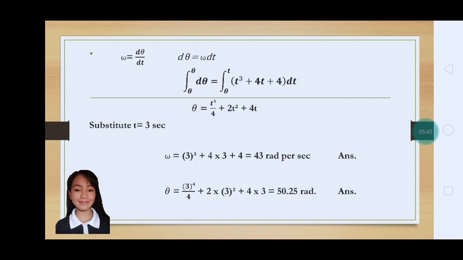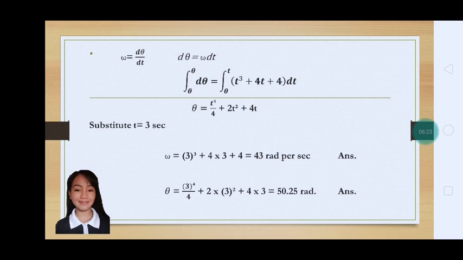And we need to rewrite this into d theta is equal to omega dt to get the theta and solve for the exact answer. So theta is equal to t to the fourth over 4 plus 2t squared plus 4t.